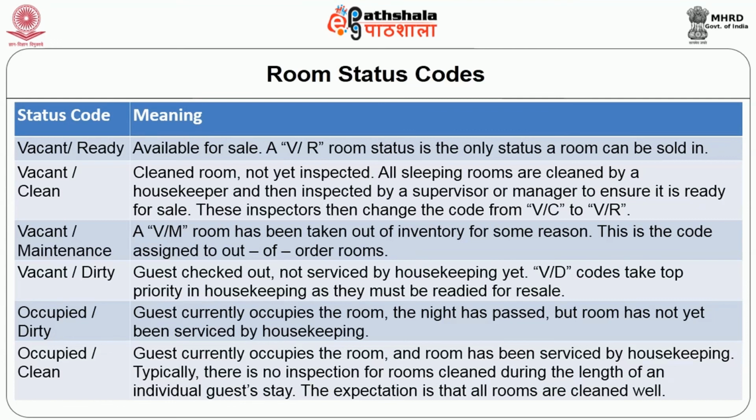The occupied clean, OC, rooms indicate the guest currently occupies the room and the room has been serviced by the housekeeping department. Typically, there is no inspection for rooms cleaned during the length of an individual guest's stay. The expectation is that all rooms are cleaned well, but an occupied room is generally easier to clean than one from which the guest has checked out.